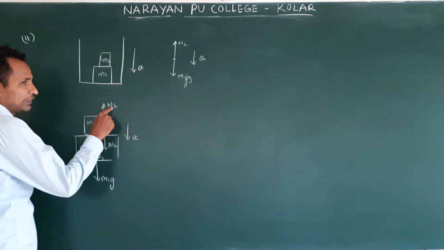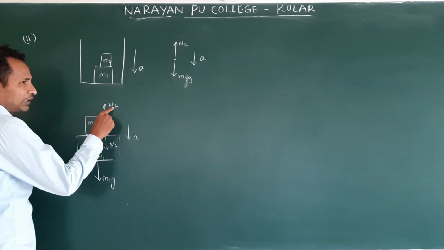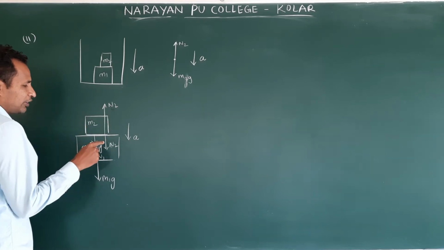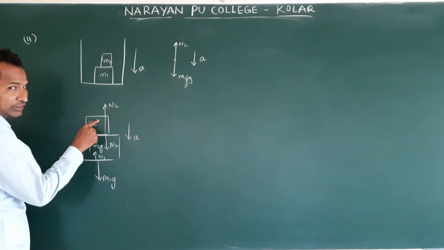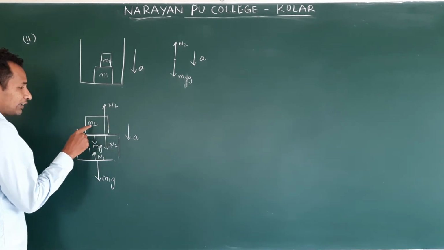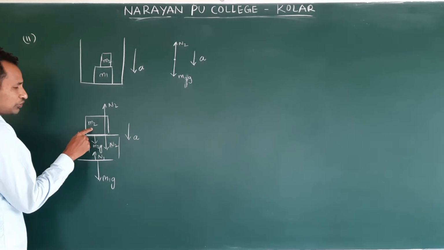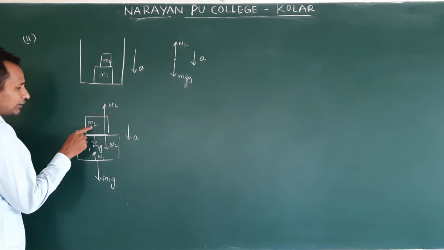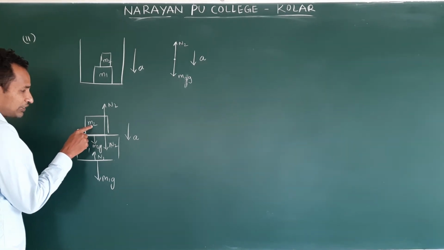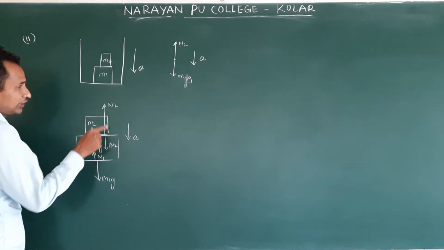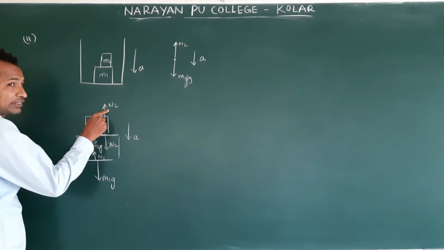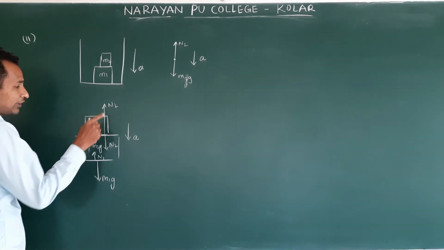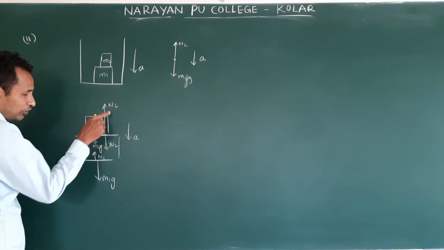It is accelerating down. Okay, clear? See, N2 is the normal reaction exerted by the first object on the second object. Similarly, the contact force exerted by the second object on the first object is the same amount of force.